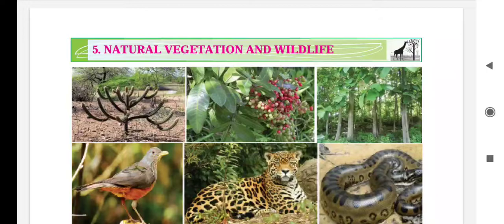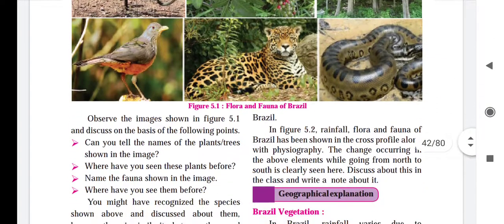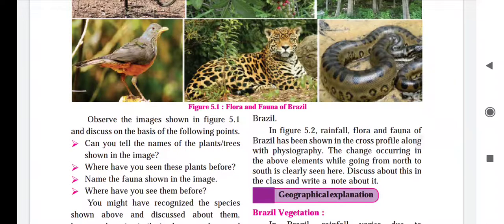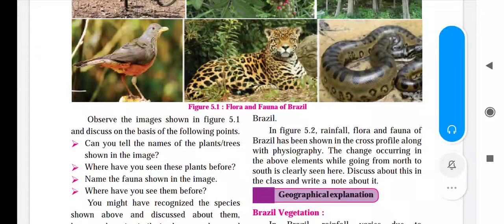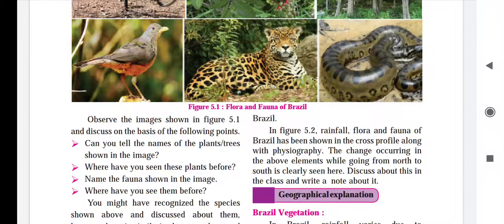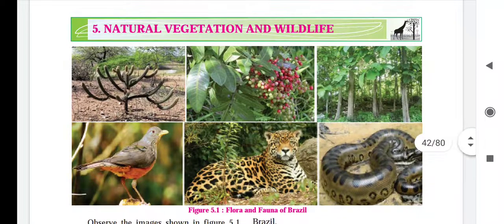Okay, now let's start. Observe the images shown in figure 5.1 and discuss on the basis of the following points. Can you tell the names of the plants and trees shown in the image? Here many types of plants, animals and birds are shown.